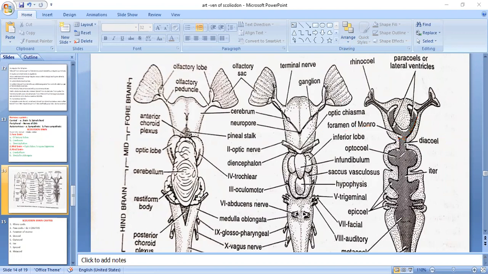Then the cavity present in the optic lobes is known as the optocoel.